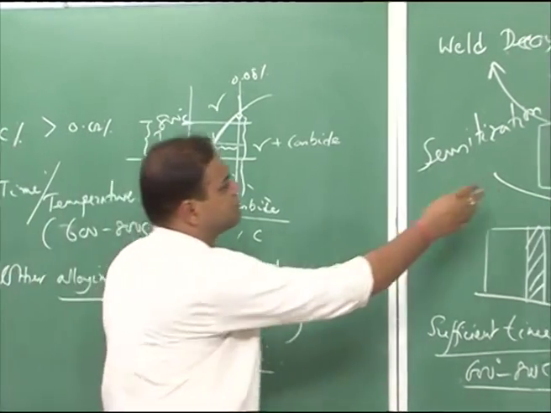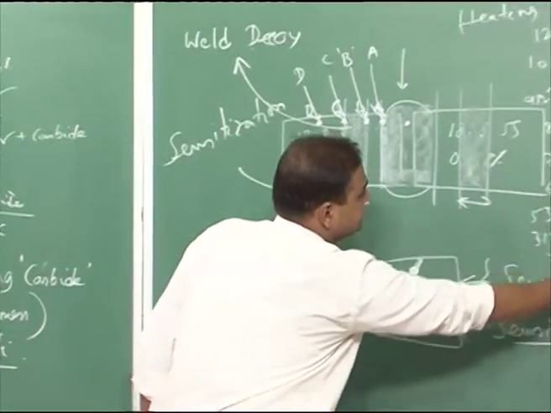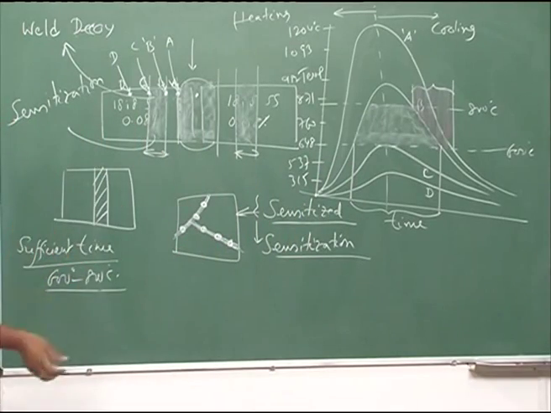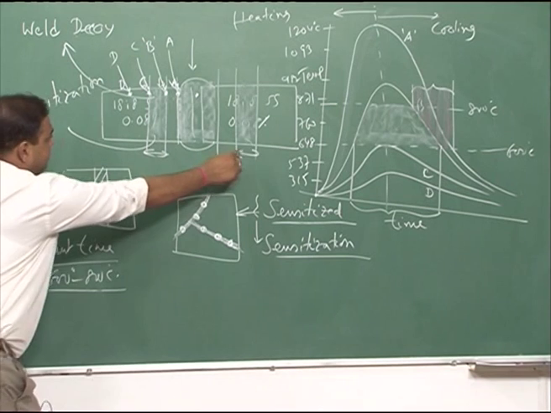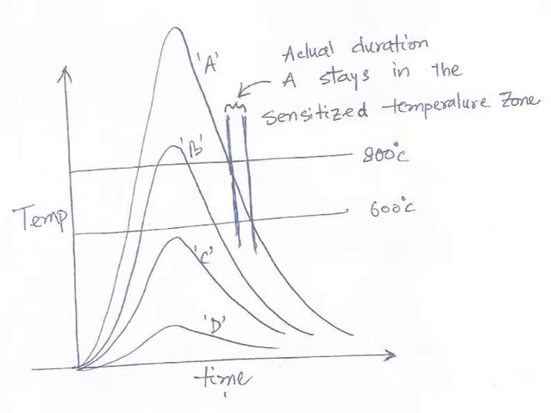So, before welding there was no sensitization problem, and after welding, because of this temperature-time profile, we have a zone which is developed, and this is basically the area of Weld decay, and here we have intergranular corrosion, and in the rest of the cases we do not have any intergranular corrosion.